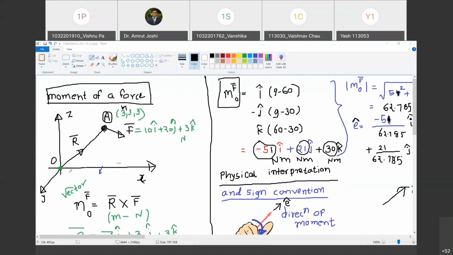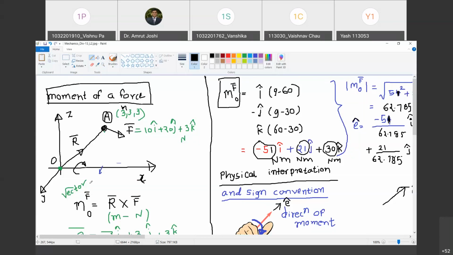So how do I pictorially show it? See, my right hand thumb should point in negative X direction. So point your right hand thumb in negative X direction. So what is the direction of moment that you see? It is the direction of the curled fingers. So it is the moment in this direction. Do you agree with me? Put your fingers of right hand curled in the direction shown here.